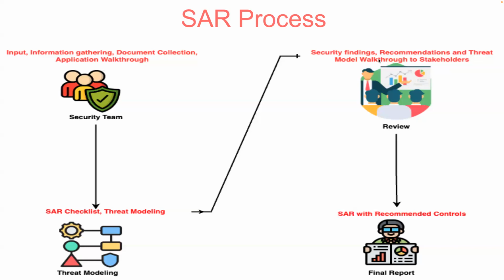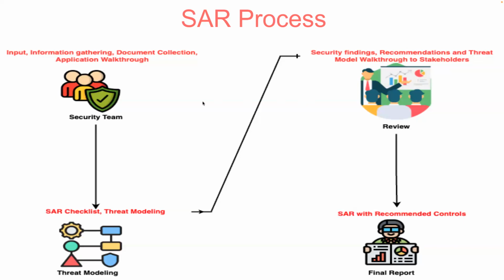This kind of sign-off will be done here. Once that part is done, the security team will give a detailed and final review of the report to the stakeholders, and this is called the final security architecture report. So this is the process to perform the SAR, the security architecture review.